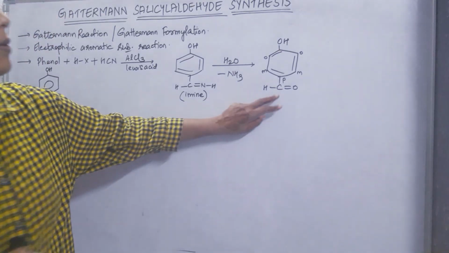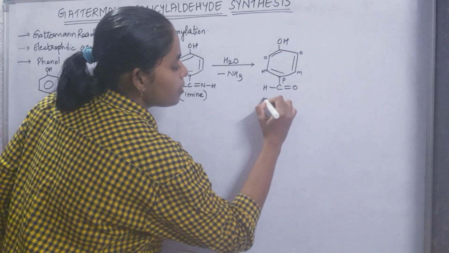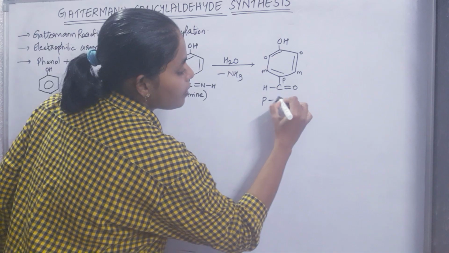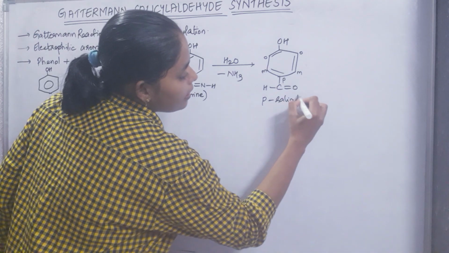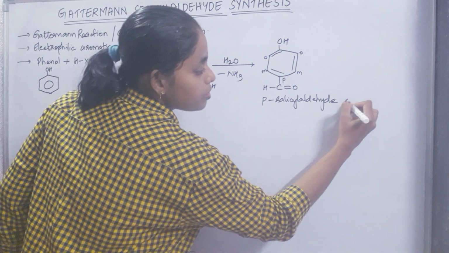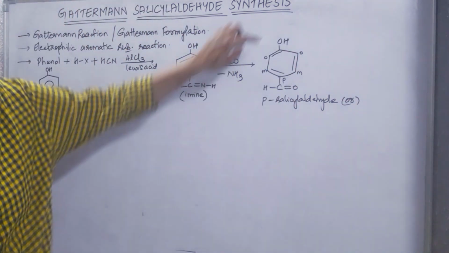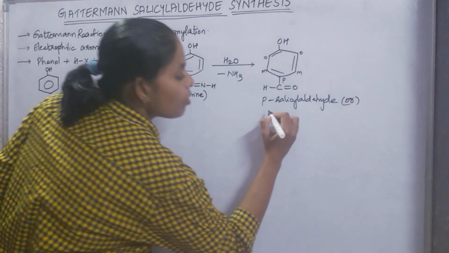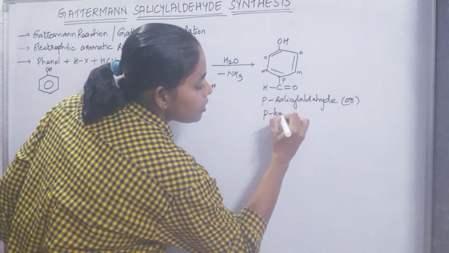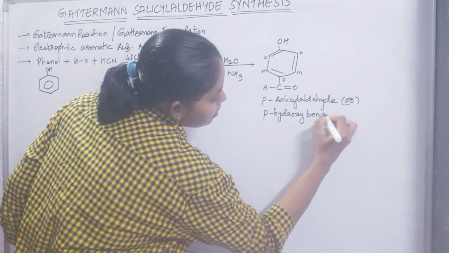Here the aldehyde group is substituted at the para position. So this compound is called para-salicylaldehyde, or, since at the para position you have an OH group, it is also called para-hydroxybenzaldehyde.